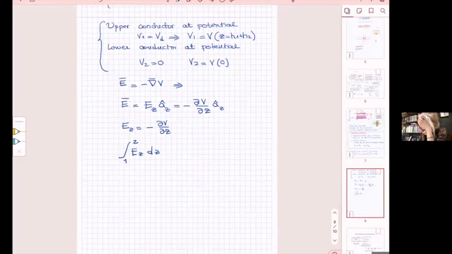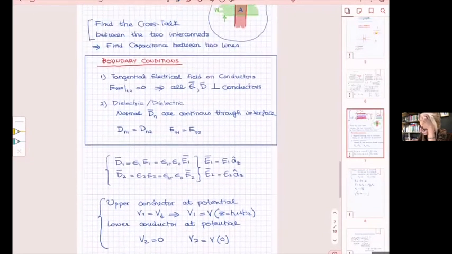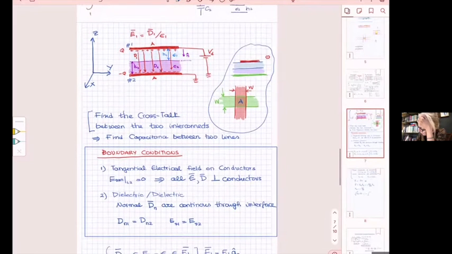So this is equal to minus the integral from 1, which is the upper conductor, to 2, because the electric field also goes down. Did you see how I have it? Because the positive charge is up there.